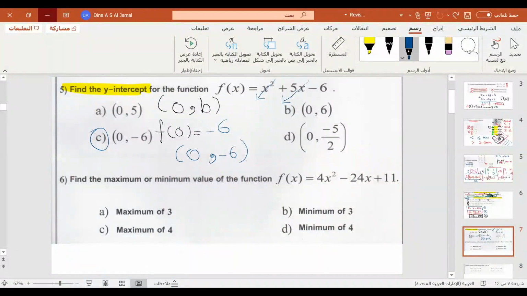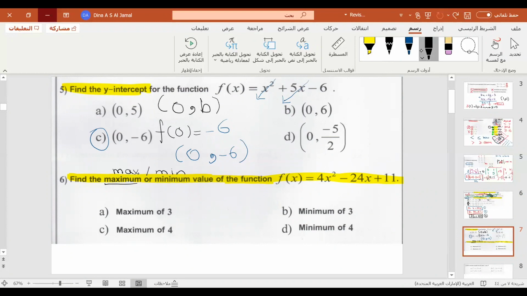Now let's pay attention to this question, please. And pay attention to the wording, please, because I will comment something on this question. He's asking you, find the max or minimum value, and he gave you the function. That means he wants the max or your minimum.